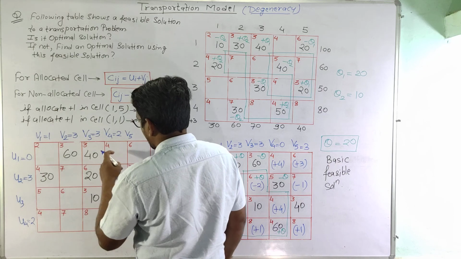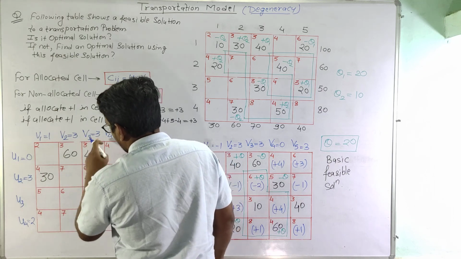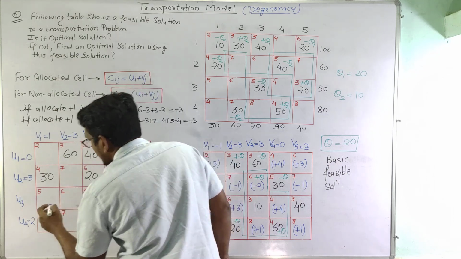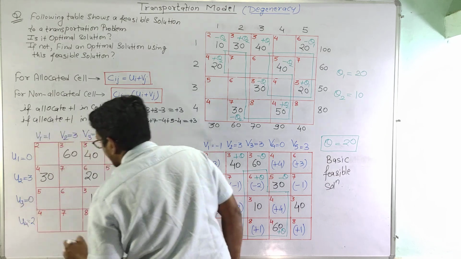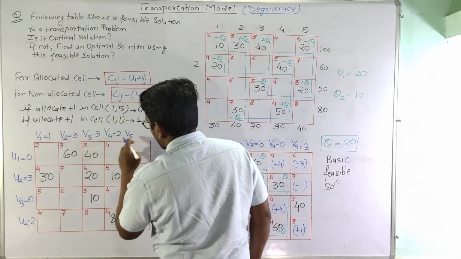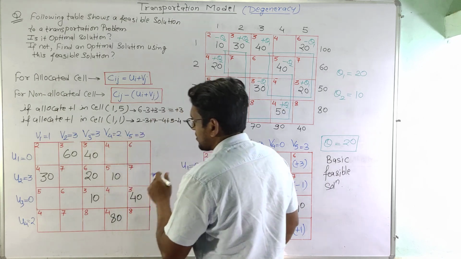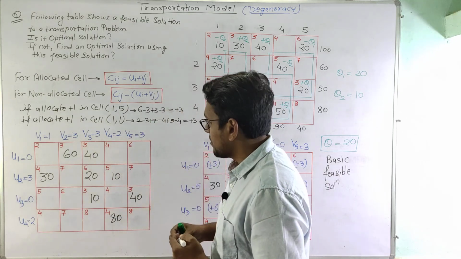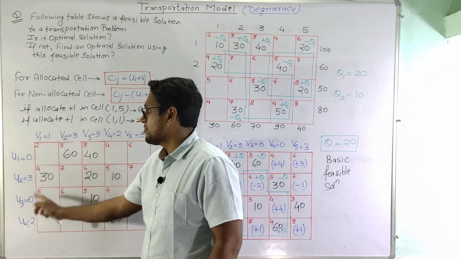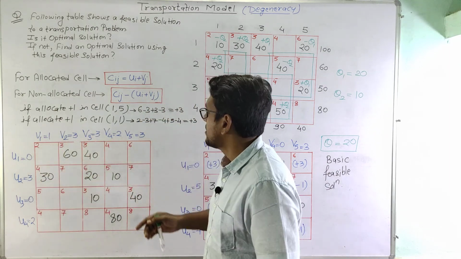Then 3 plus what equal to 3, so 3 plus 0 is 3. Now 0 plus what equal to 3, so 0 plus 3 is 3. So now we have calculated all the values of u's and v's.